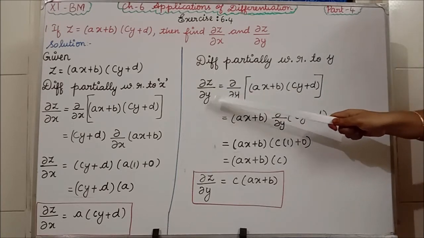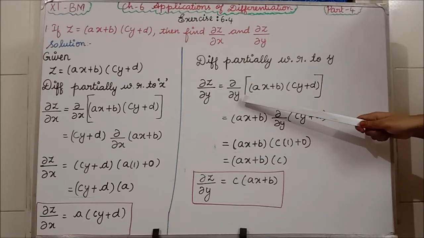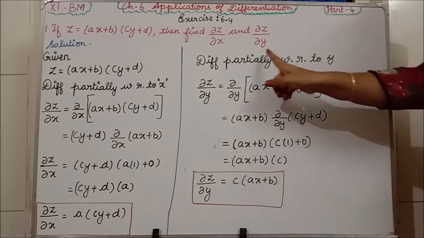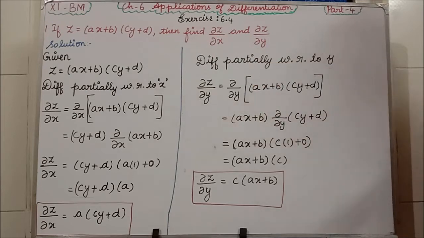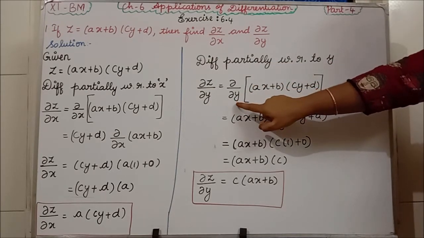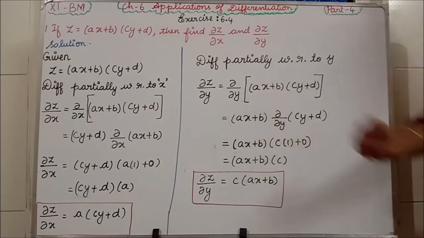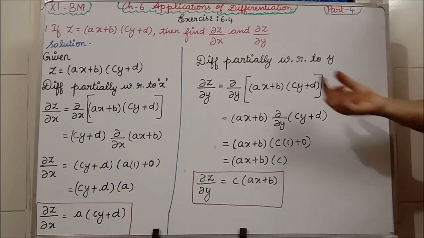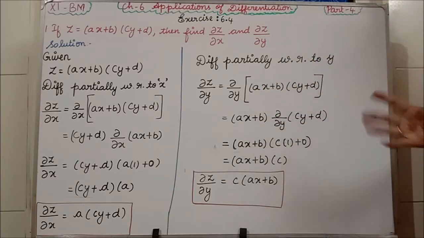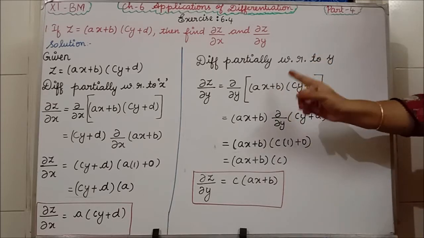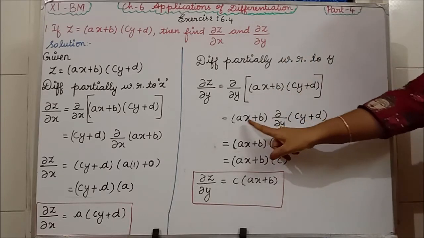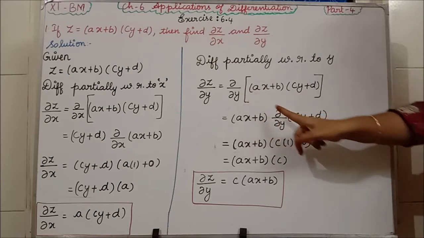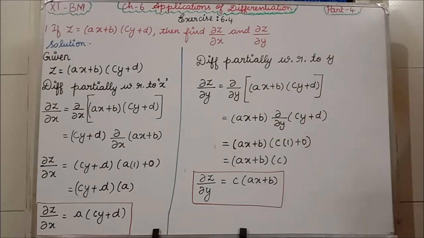Dou z by dou y is equal to dou by dou y of what they have given in the question for z, that I have written here. Now I am going to differentiate this with respect to y. Clear? Now do you have a y term here? We are not having. So this is our constant. So take it outside: ax plus b, dou by dou y of cy plus d.